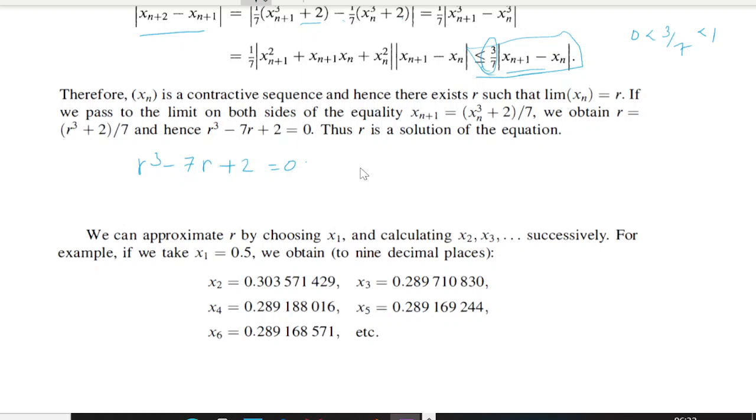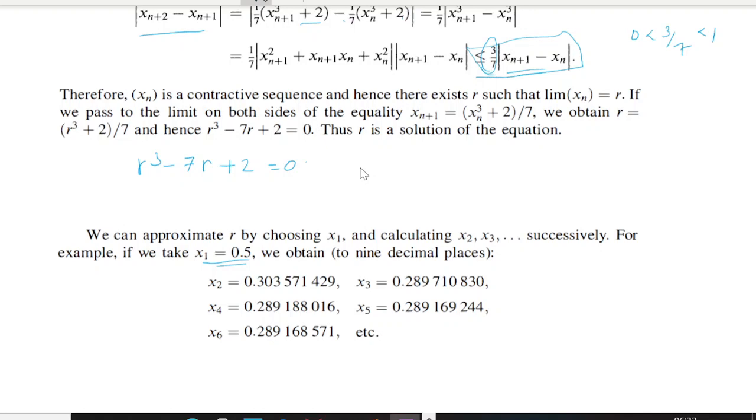If we take x1 equal to 0.5, you can put your own value in between 0 and 1. Then you will get x2, some value, x3 another value, x4 another value, x5 and x6.